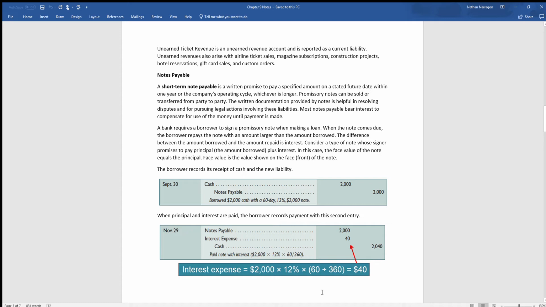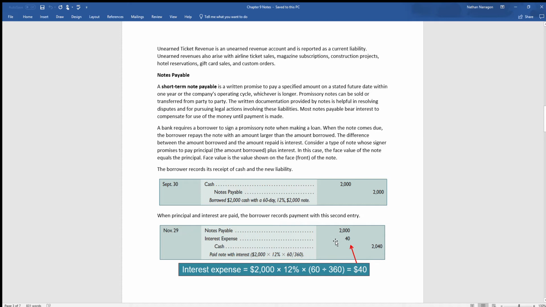So here it's pretty much the opposite of the note receivable. Here we take notes payable and we're going to debit it first for the actual principal. The principal was $2,000. We're going to debit for $2,000 because we no longer owe that amount of the loan, the note.